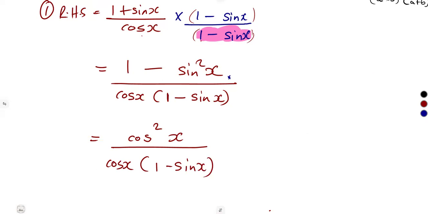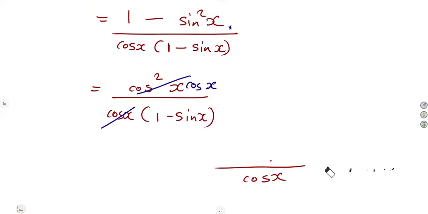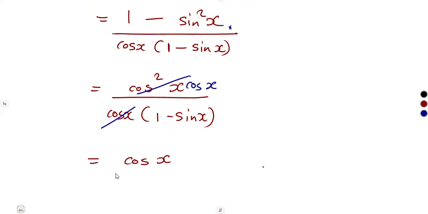So just like the previous case, the cos of x times this one, there are 2 of them. So if you cancel, we're going to remain with 1 cos, which is on top. So that is the idea of our question. We could have worked it from the right-hand side. So from the numerator, we remain with the cos of x. What about the denominator? 1 minus the sine of x, just like that.